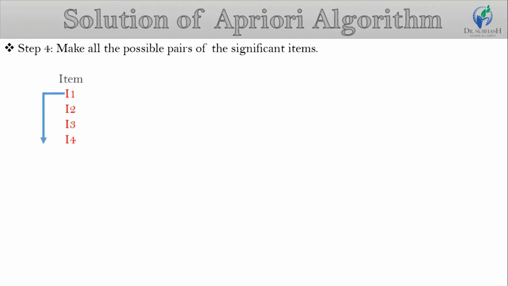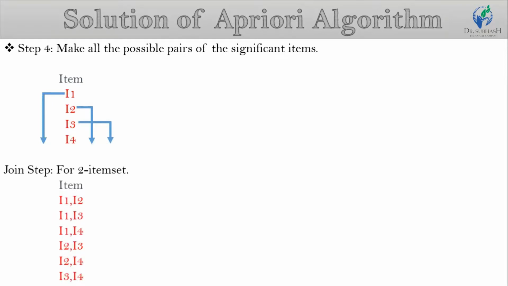The next pair is I1 and I3. The next pair is I1 and I4. Similarly, we create pairs of items 2 and 3. This process is called the join step for two item sets. So the answer of this step is item sets like I1 and I2, I1 and I3, I1 and I4, I2 and I3, I2 and I4, I3 and I4.